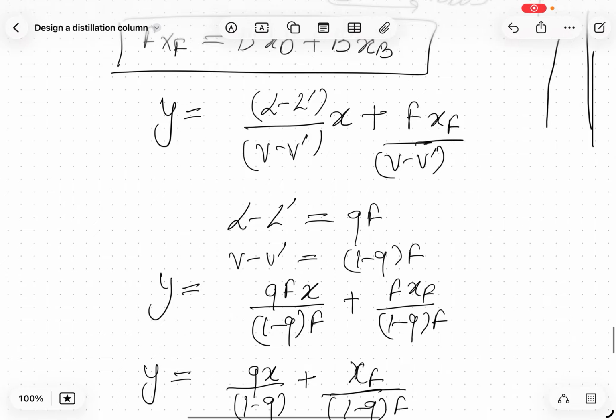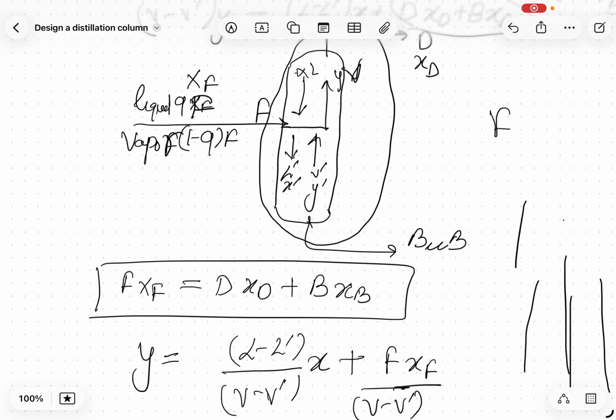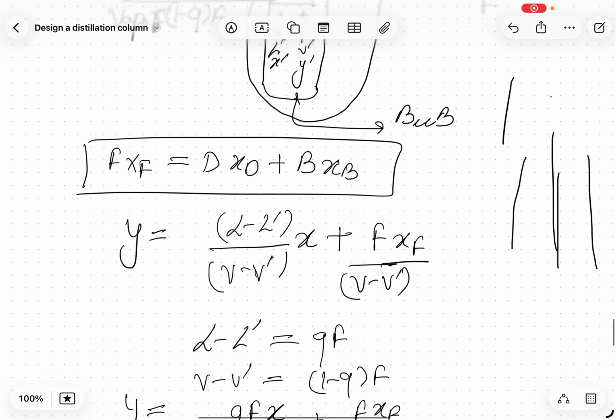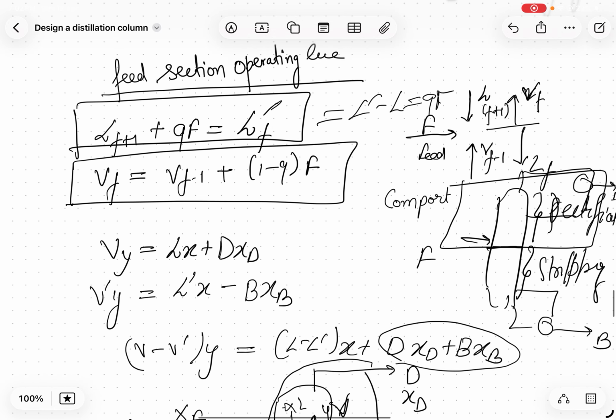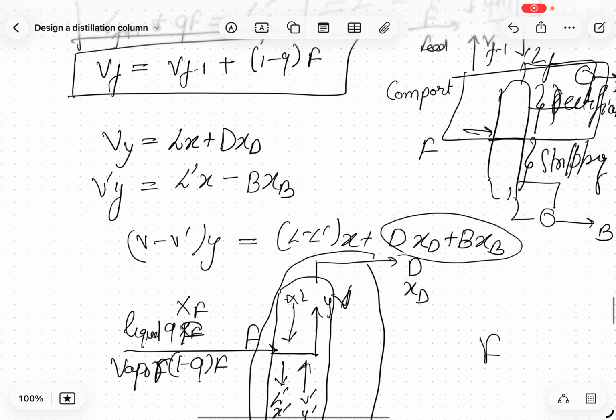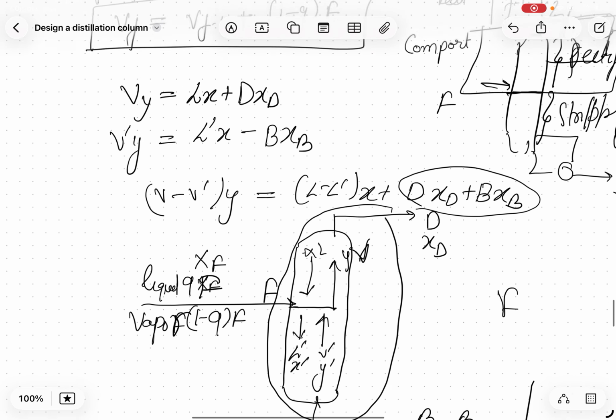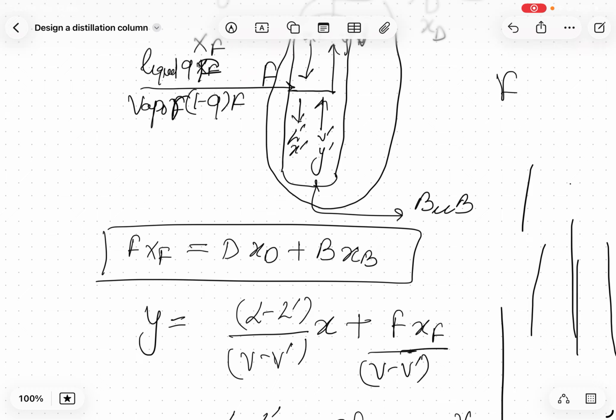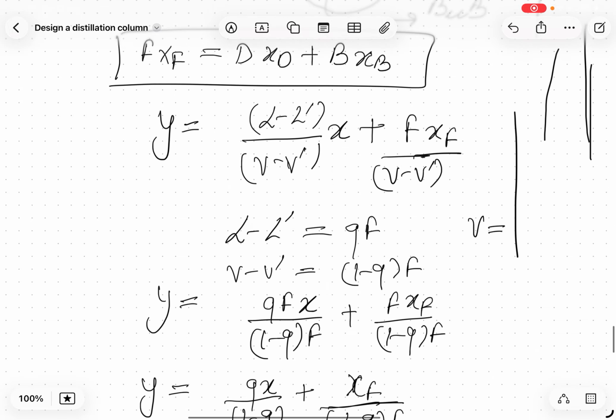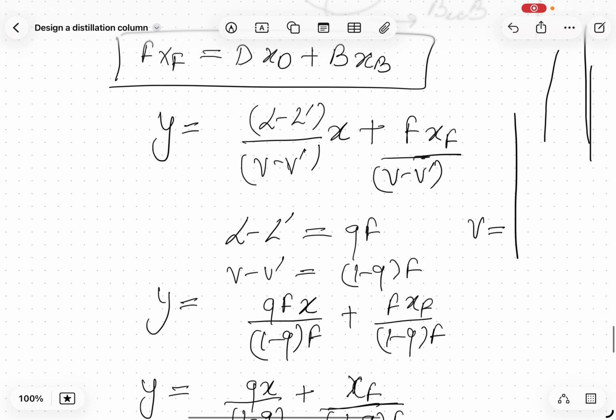We are substituting from V minus V dash, and V is the amount of vapor that is leaving, so V equals V dash plus 1 minus Q F. And the only wrong thing I have done is, L dash is the liquid that is leaving, so it will be minus QF.